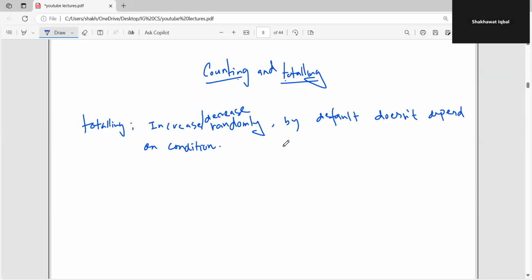Okay, increase or decrease randomly, by default does not depend on condition.